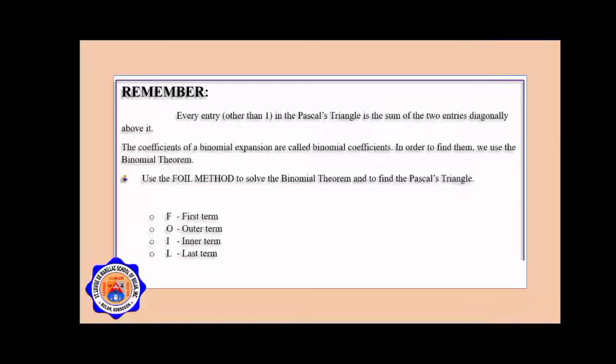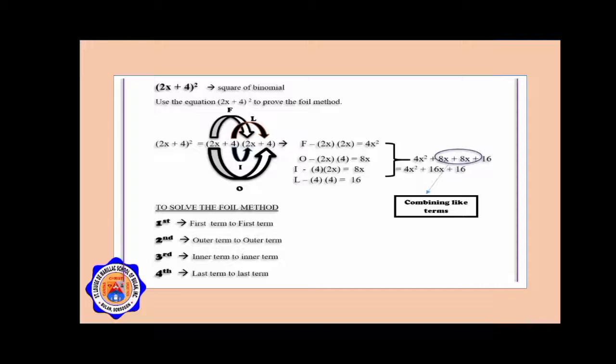So, yung sinabi ko sa inyo kanina, in binomial theorem, we will be using the FOIL method to find the Pascal's triangle. So, these are the steps in solving or using the FOIL method. First, the letter F stands for first term to first term.